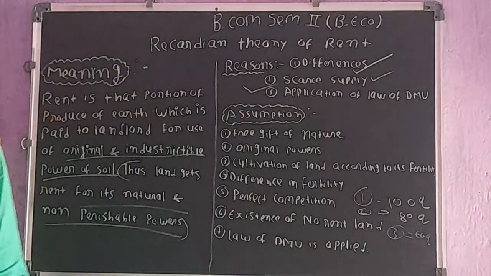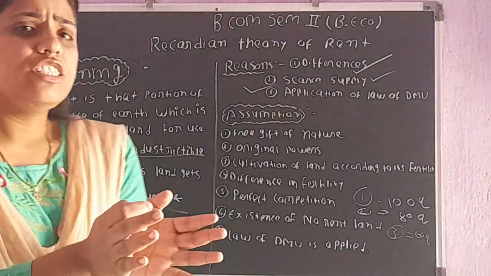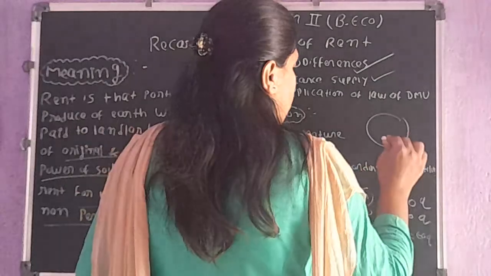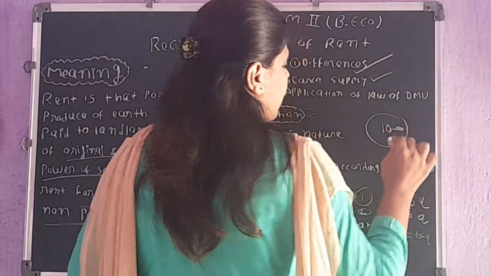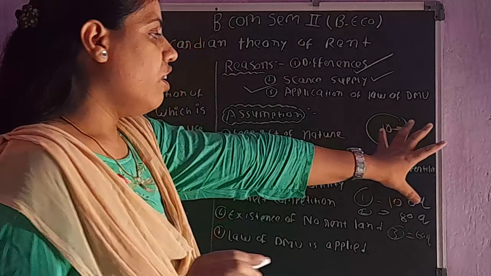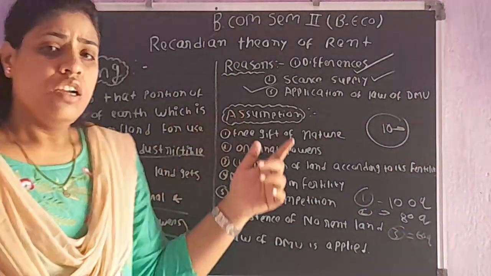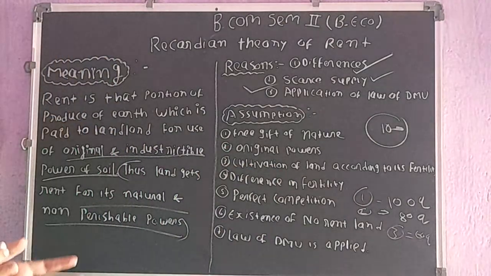Or for example, there is a piece of land on which 10 workers are working, and these 10 workers are enough to work on this land, to occupy this land completely and optimally.